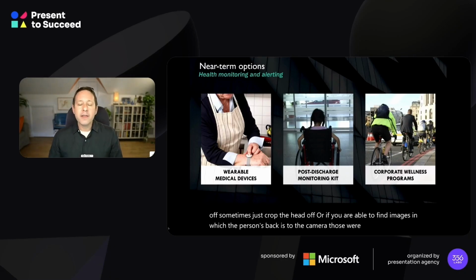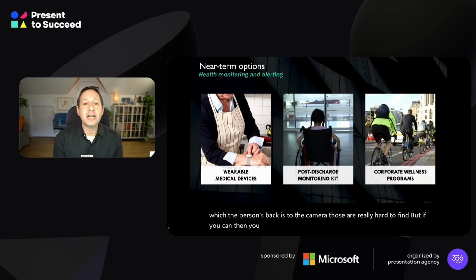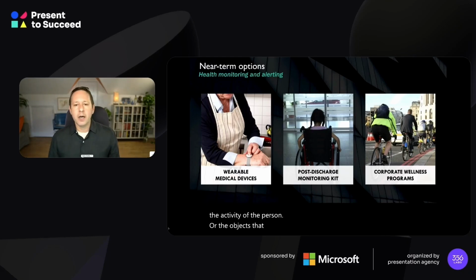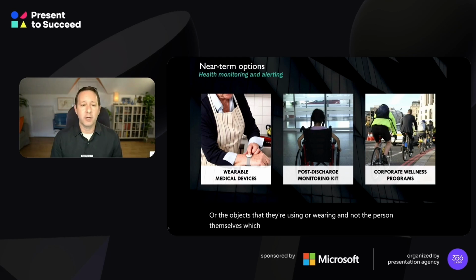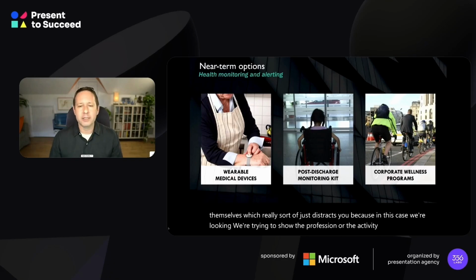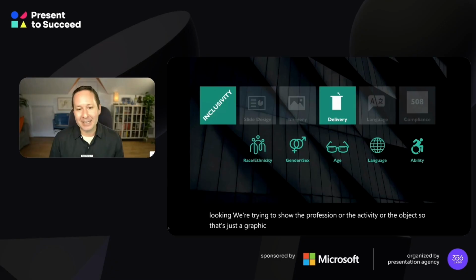But if you can, then you can focus on the profession of the person or the activity of the person or the objects that they're using or wearing, and not the person themselves, which really just distracts you. Because in this case, we're trying to show the profession or the activity or the object. So that's just a graphic design inside trick when it comes to imagery.